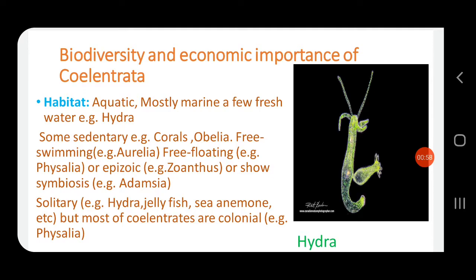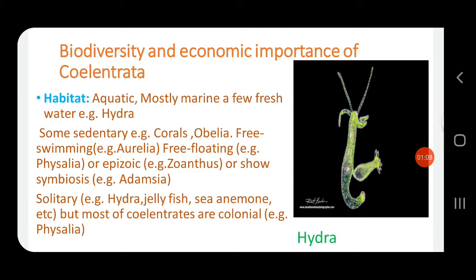For example, some forms are sedentary, like corals, so coral making is also a special character of this group. Some forms are free swimming, like jellyfish. Free floating species are also there, like Physalia, and some epizoic species are also found in the coelenterate group.